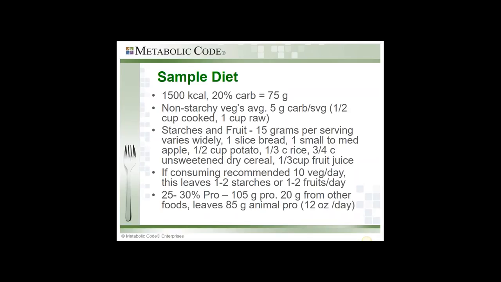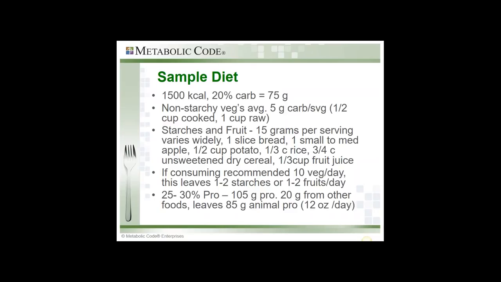20% is fairly low. So let's say 75 grams of carb, and we're going to eat those non-starchy vegetables, which average 5 grams of carb per serving, and a serving is 1/2 cup cooked or 1 cup raw. And let's say they're going to have a few of those starches and fruits, which are 15 grams per serving, and the serving size varies widely, and I'm going to go over this more later.